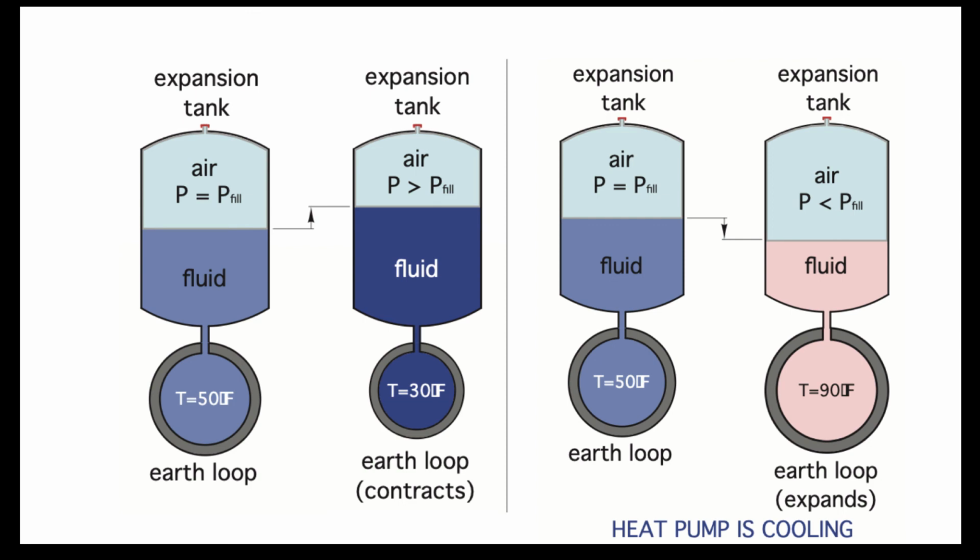Consequently, the pressure goes up in the loop field system itself. Conversely, when the system is in the heating mode and the tubing expands, the pressure and the volume of fluid in the expansion tank contracts. It becomes less. This is important to understand if you happen to find yourself in the field looking at a ground source heat pump loop. Bear in mind, temperature of operation dictates pressure.